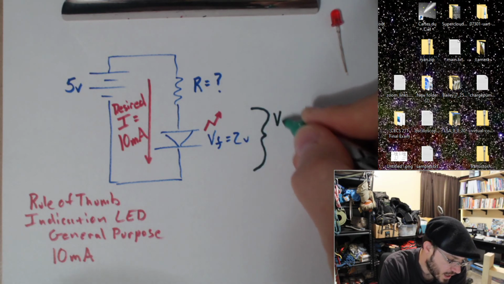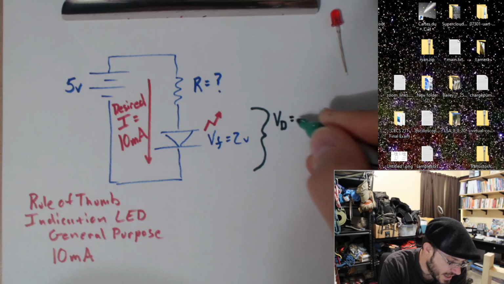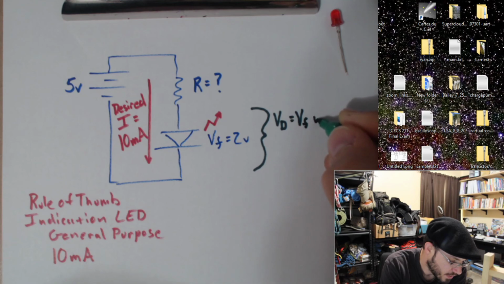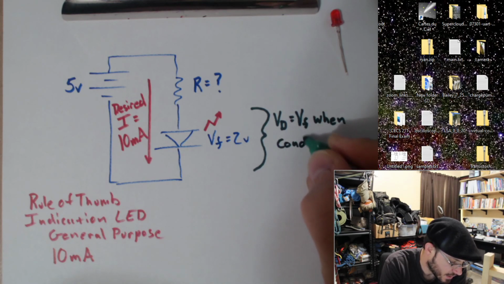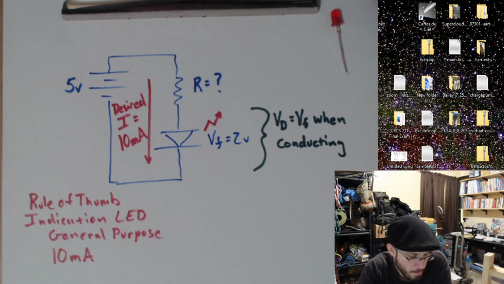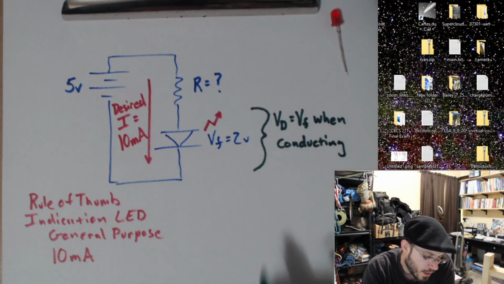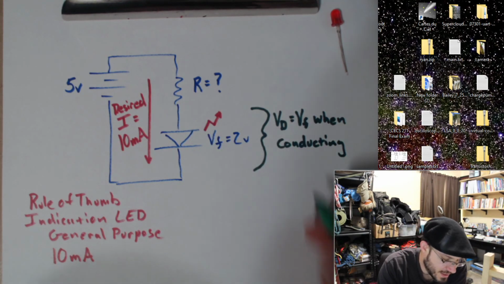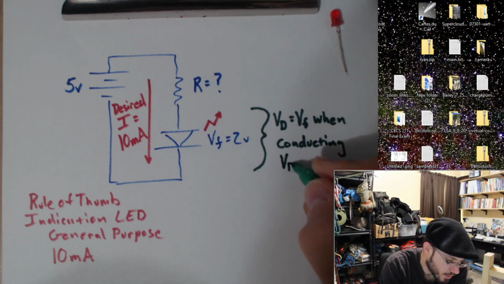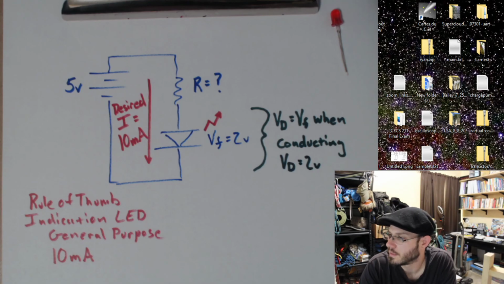In other words, V sub D is equal to V sub F when conducting. So now we know that the voltage drop across this diode is equal to 2 volts.